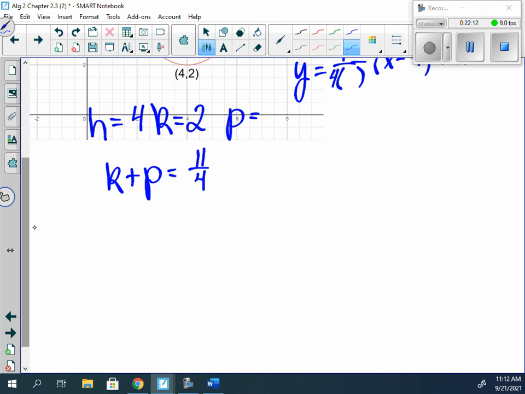Any questions so far? What's the value of k? So 2 plus p equals 11 fourths. So what do we need to do to get p by itself? Subtract 2 from both sides. And we get that p is equal to what?